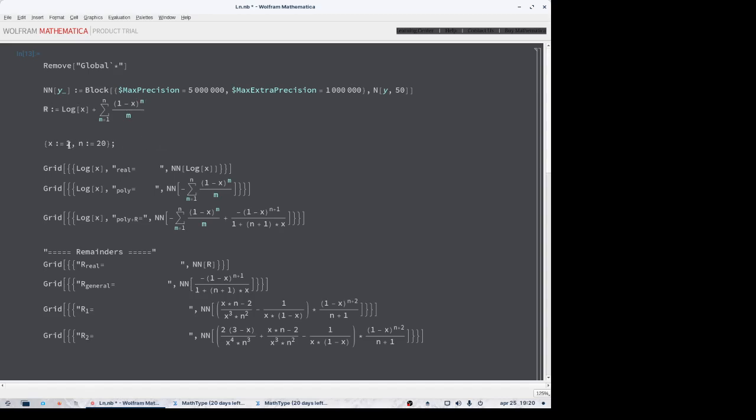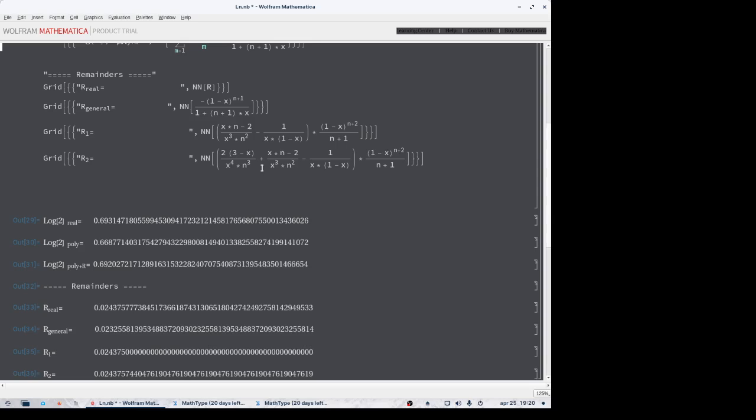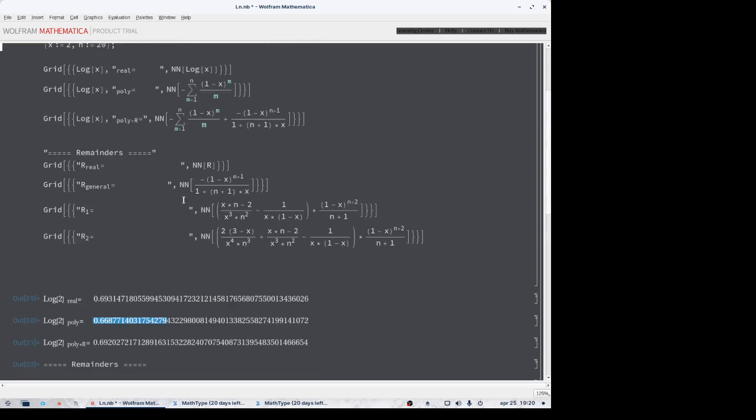What am I doing here? I wanted to compute the logarithm of 2, which means that this should be the original value of the logarithm of 2, and this is the polynomial approximation by the Taylor polynomial, the series, that sum, which is with negative sign, but 1 minus x to some powers. So not so good.